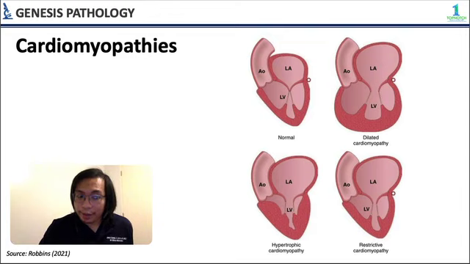Pwedeng acquired yan, no? Pero when we discuss cardiomyopathies, especially your hypertrophic cardiomyopathy, we talk about the genetic causes, no? That's your hypertrophic obstructive cardiomyopathy. And the genetic cause, that is a very important, no? Very important buzzword for your boards, is your mutations in the beta-myosin heavy chains.